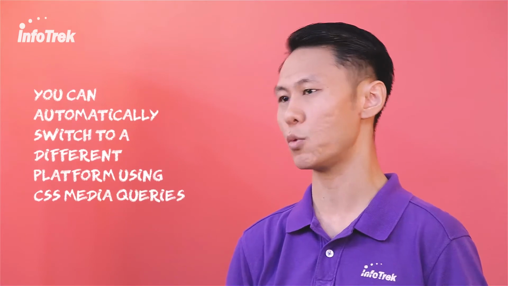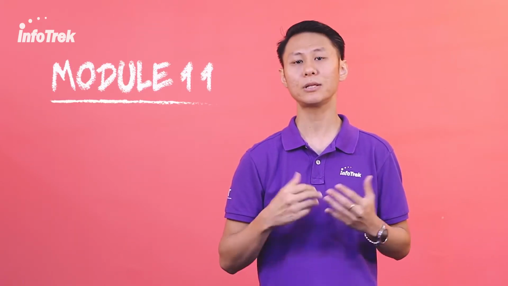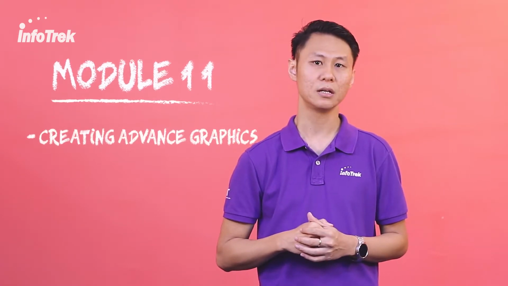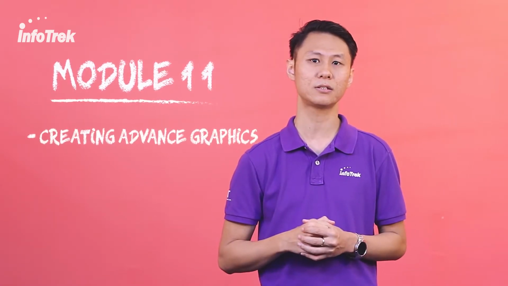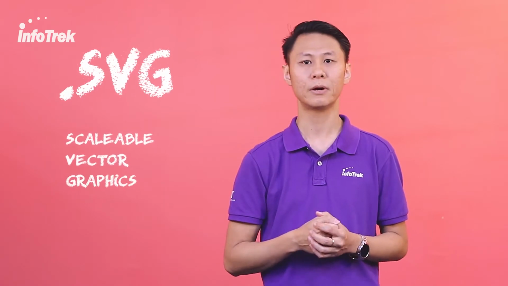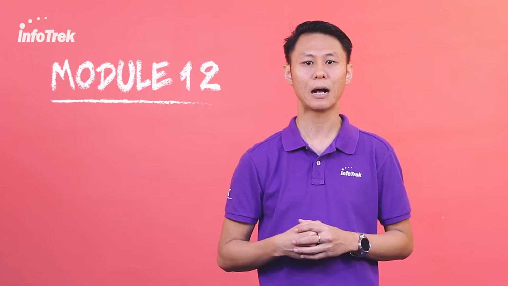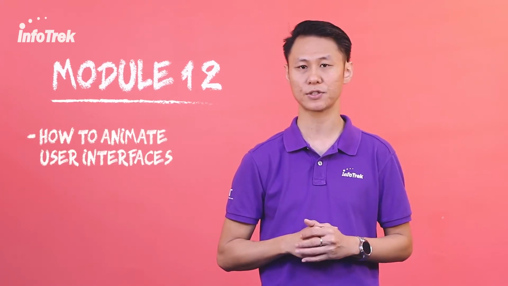using just the CSS media queries. Then Module 11 and Module 12 are typically covered back to back because they are all related to graphics. Module 11 is creating advanced graphics, learning about the combination of HTML5 objects, what we call the SVG object, scalable vector graphics, in combination with the CSS styles that you can apply to those objects, which will also continue to Module 12, learning how to animate those user interfaces.